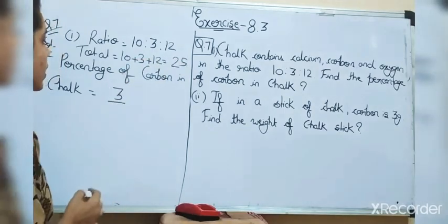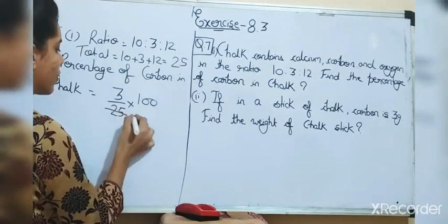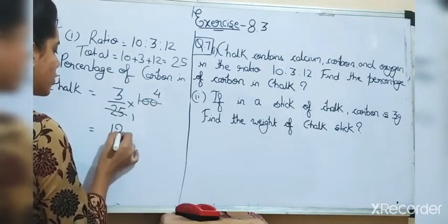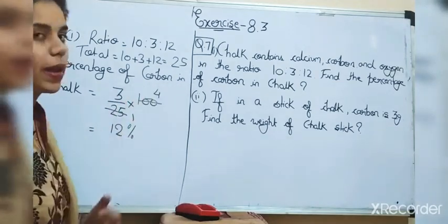Okay. So 3 upon 25 into 100. 25 fours are 100, 4 3s are 12. So percent of carbon in the given chalk is 12%.